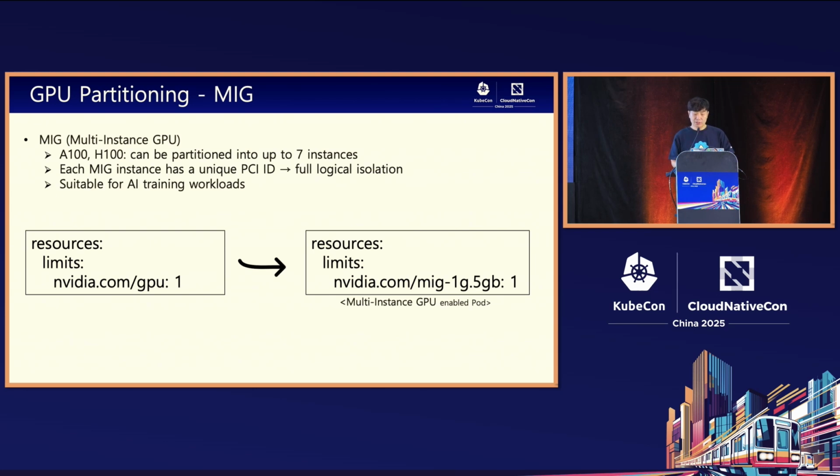If this tag is declared, the Kubernetes scheduler will assign only a 5-gigabyte instance as a logically isolated GPU. It also has a unique PCI ID, so it's very good for managing AI workloads and not wasting your GPU resources anymore.